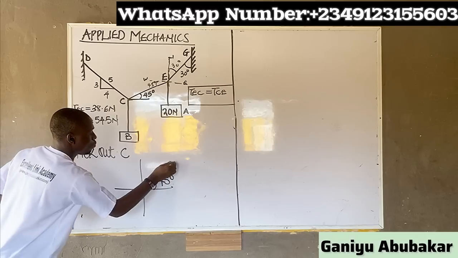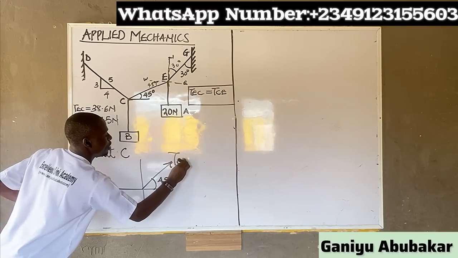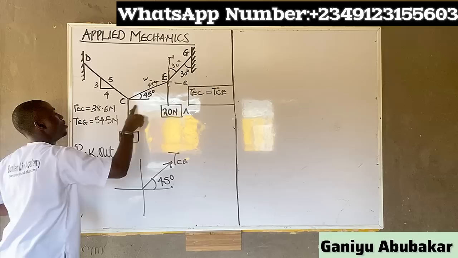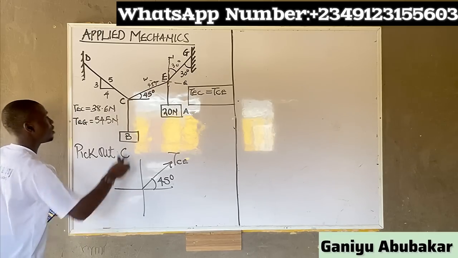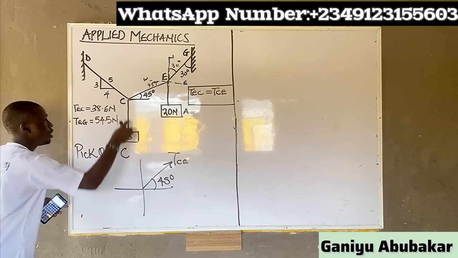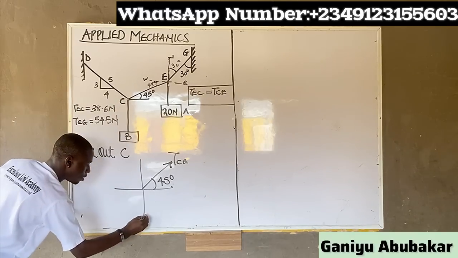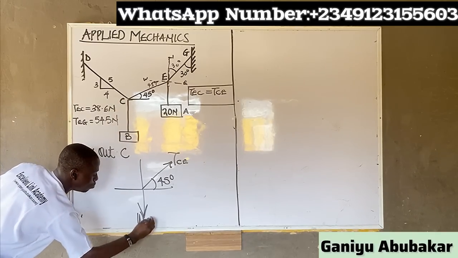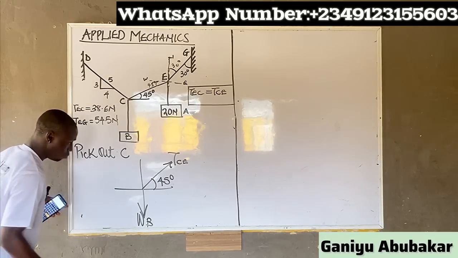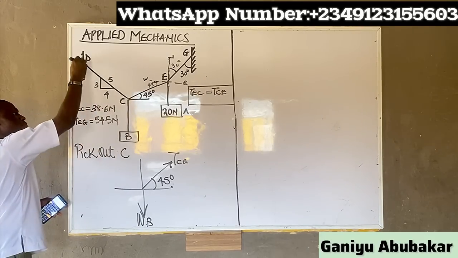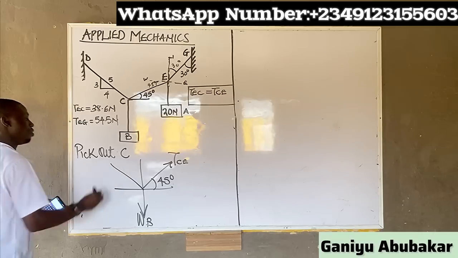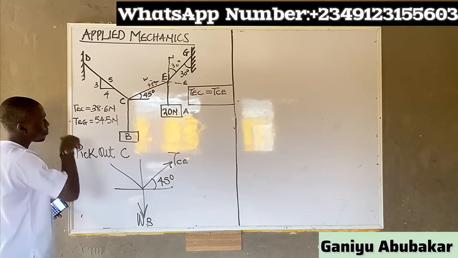This one is called TCE because it is from joint C to E. This one here is your weight, so I'll call it WB, weight at B.